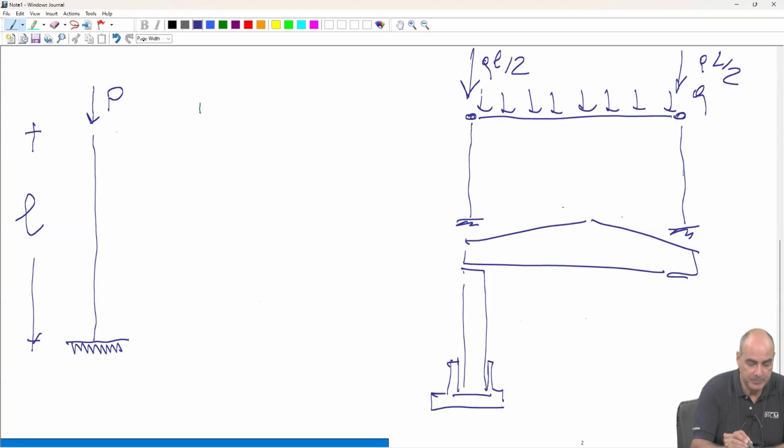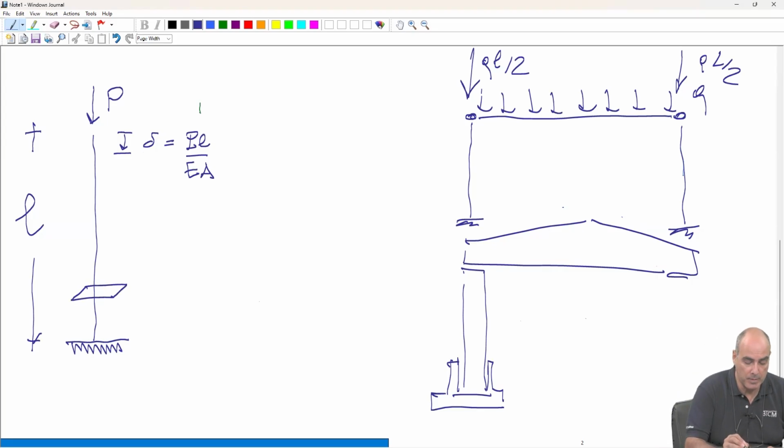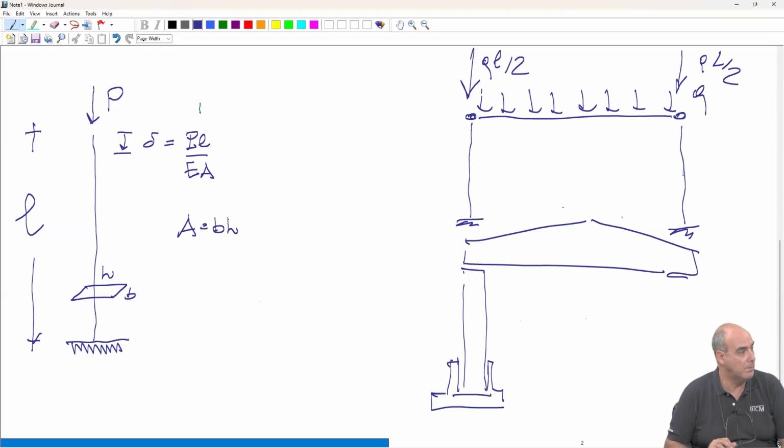So you expect that this column shortens of a quantity which is P times L divided by EA. And A is the area of the cross section of the column. So if this is B and this is H, A is equal to B times H. Okay?